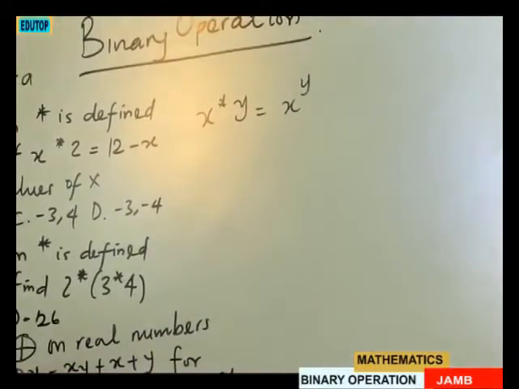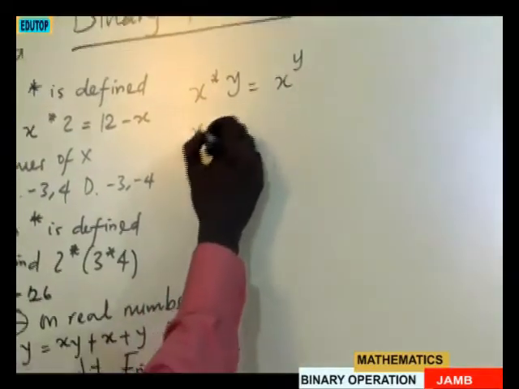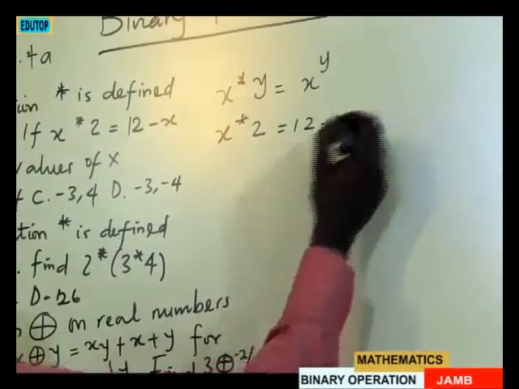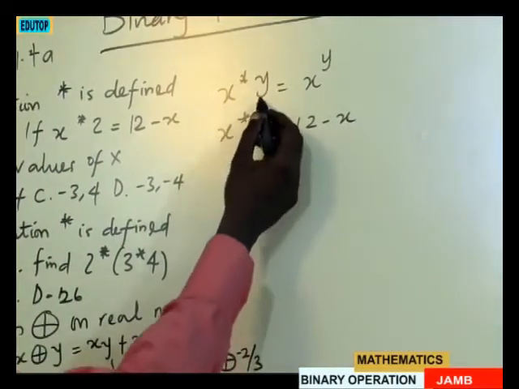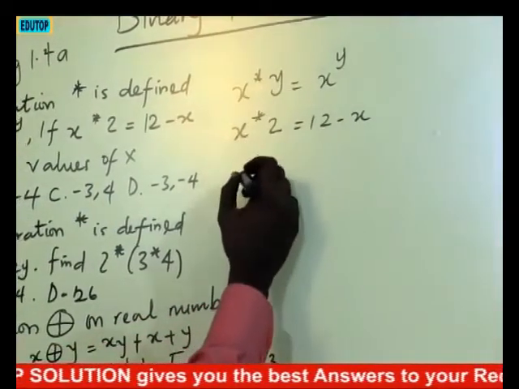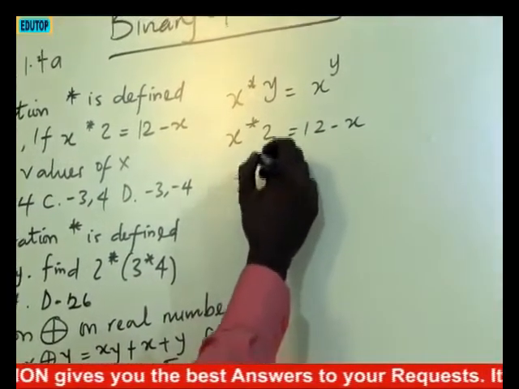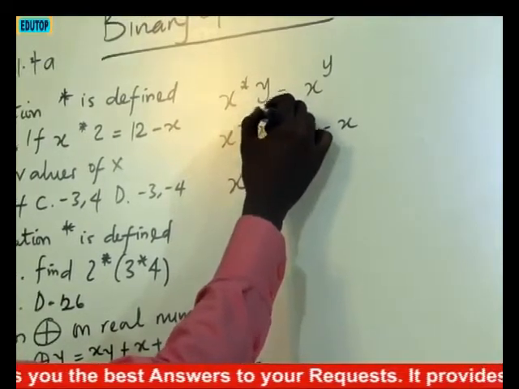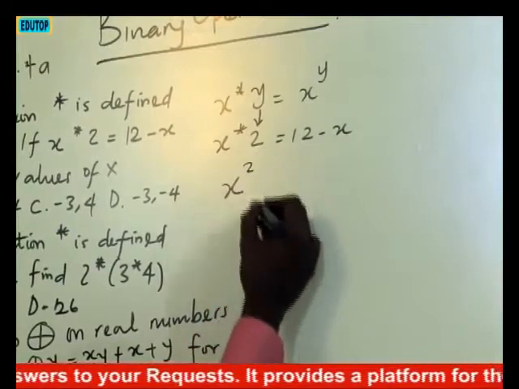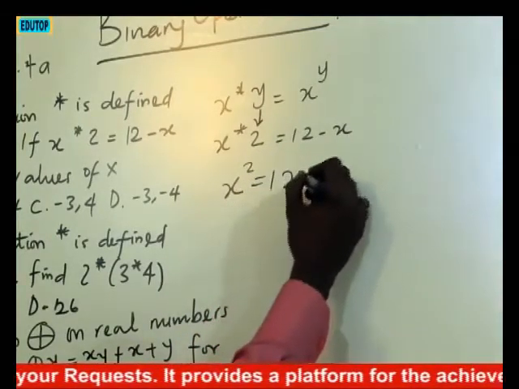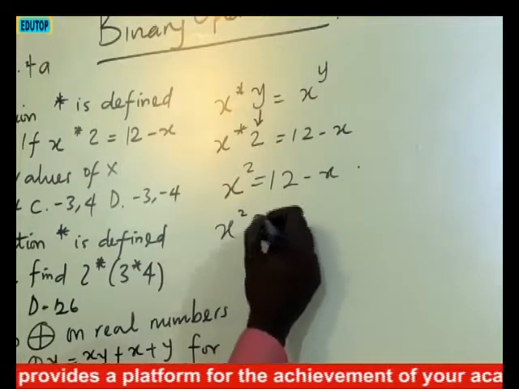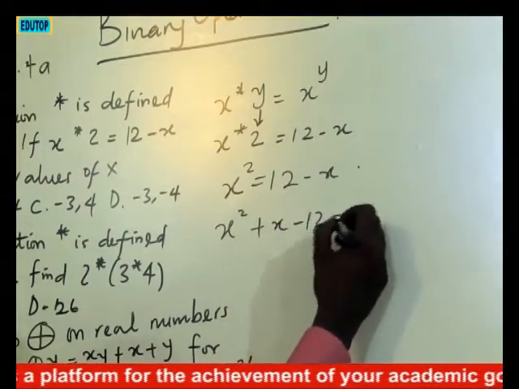Since we are given that this equals 12 minus x, it simply means it's our y that is raised to power, so automatically we can write that as x. y is taking the position of 2. So it will be x squared equals 12 minus x. Let's try and restructure this. We have x squared plus x minus 12 equals 0.